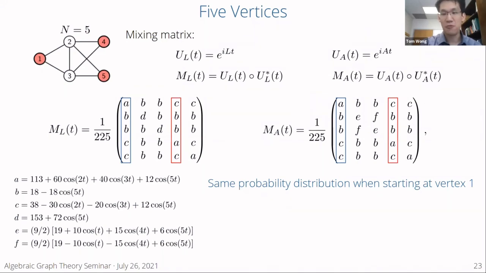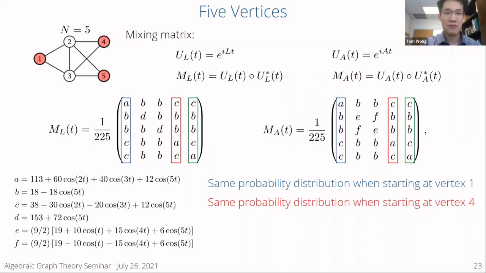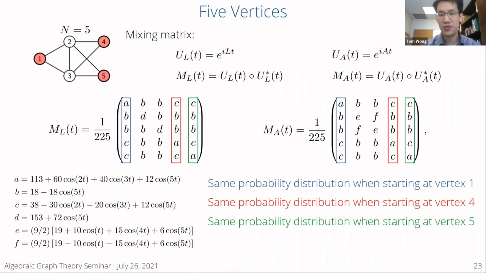So you get the same probability distribution when you start at vertex 4, so the walks are equivalent. And same thing with column 5, you get the same distribution when you start at vertex 5. And so this proves all at once that the walks are the same when you start at vertices 1, 4, or 5. So this is another approach that you could take to proving these.